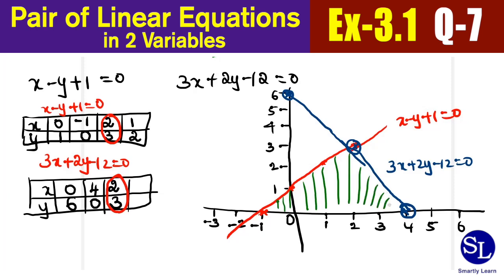So that was what the question asked. So these 3 points are the highlight points. So highlight these 3 points in the graph as well. So this point is minus 1, 0. This is going to be 2, 3 and this is going to be 4, 0. So enclosed between these 3 points is going to be the triangle, which is what we have shaded here.